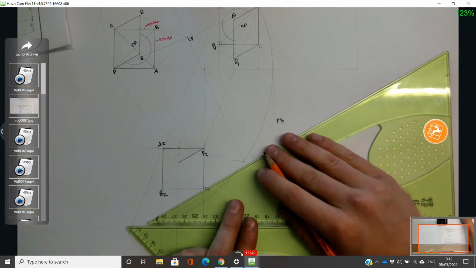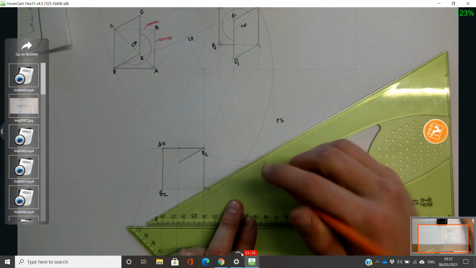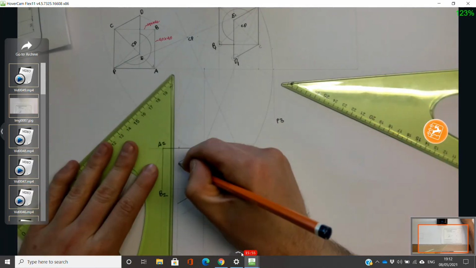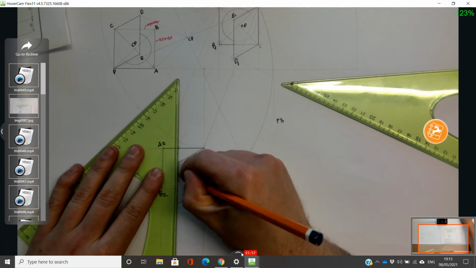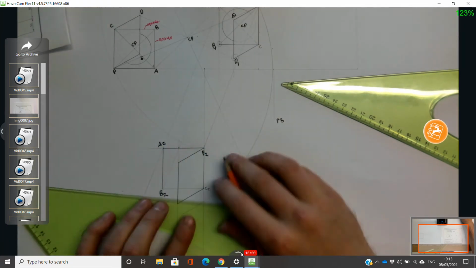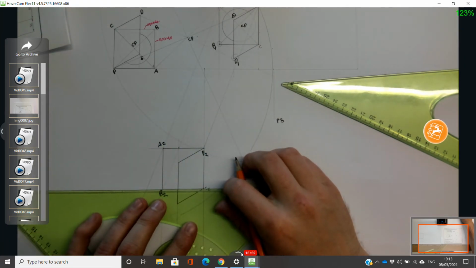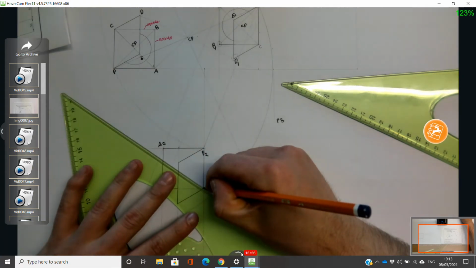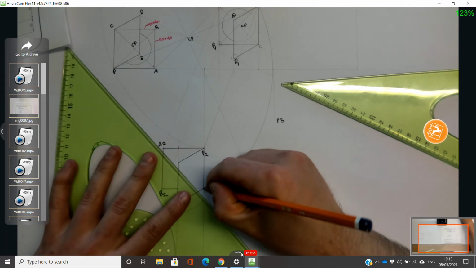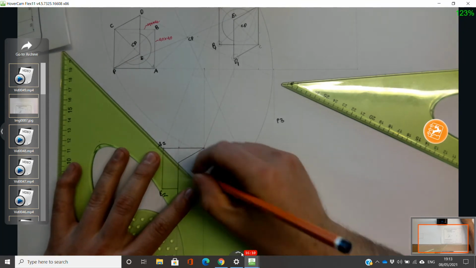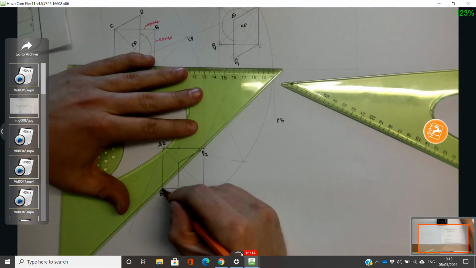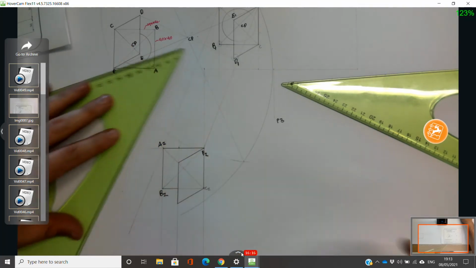And then C to D. Join the diagonals for the center point of the circle.